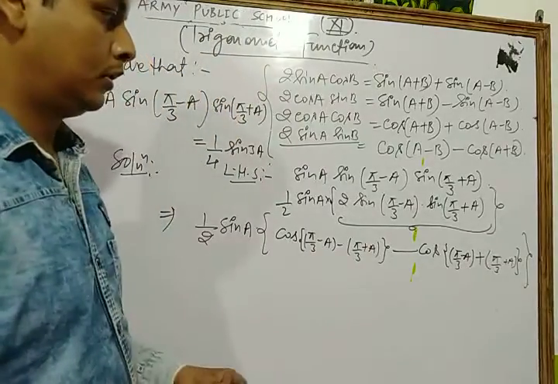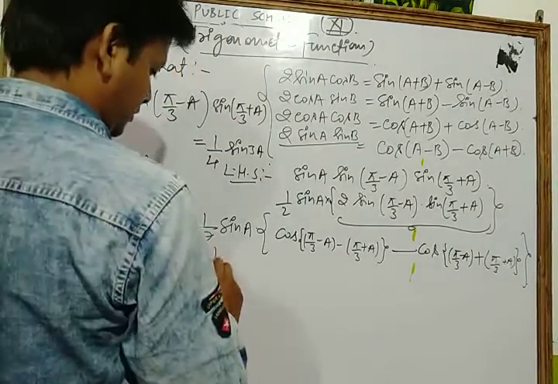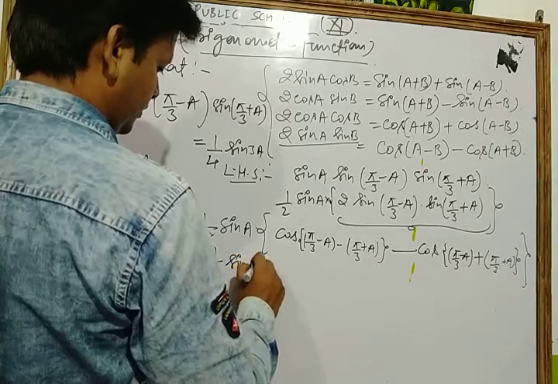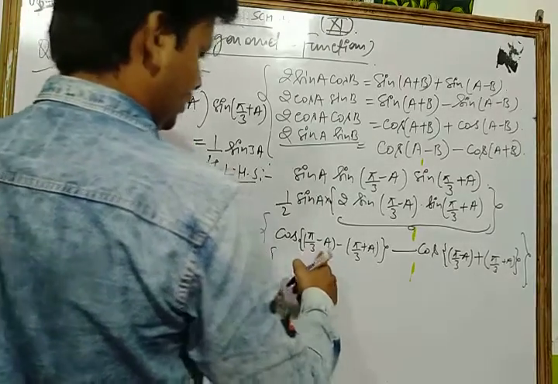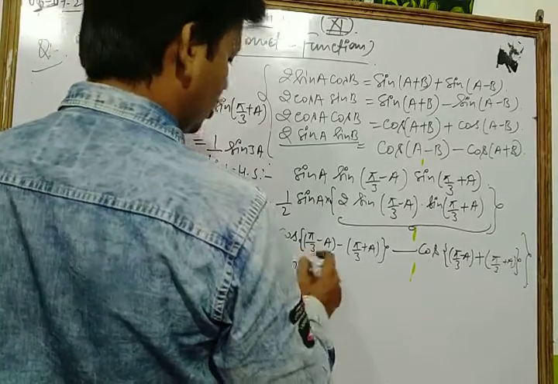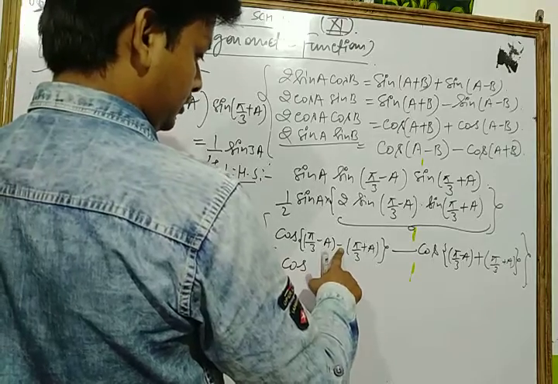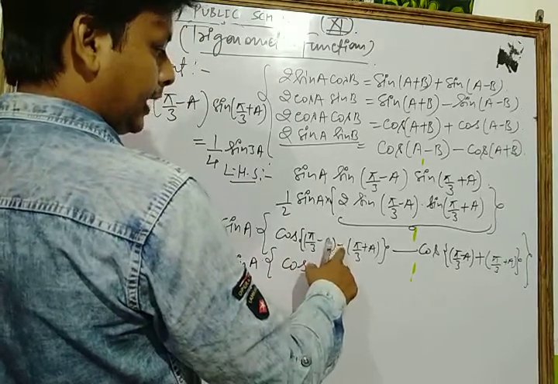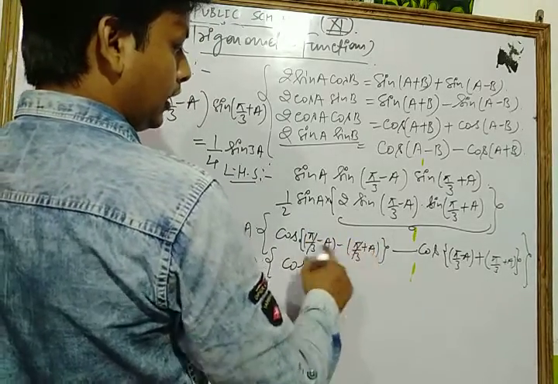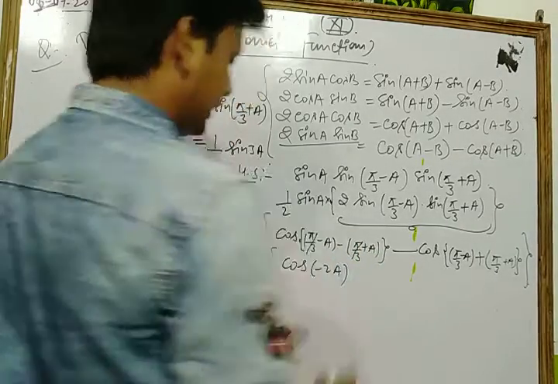Now solve it. Here we split this bracket, so we get cos, plus pi by 3, minus pi by 3 cancel each other, minus A minus A is minus 2A.